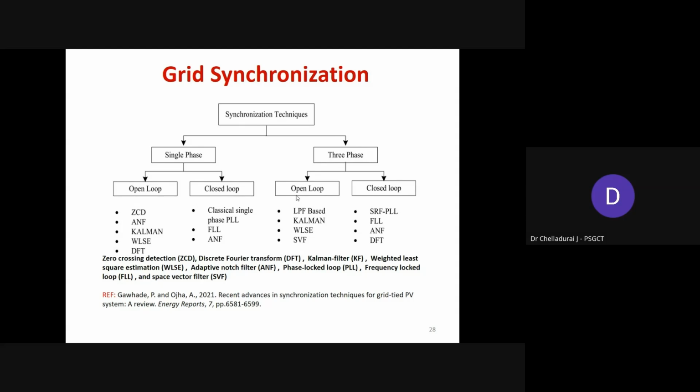Then grid synchronization. Grid synchronization is one of the very important parameters or control aspects of any inverter with respect to the grid. For example, in our conventional AC generators, if you want to synchronize with respect to the grid by using the dark lamp method, we can easily match the alternator output voltage with respect to the grid voltage, similarly the alternator output voltage frequency with respect to the grid voltage frequency, then the alternator output voltage phase sequence with respect to the grid.